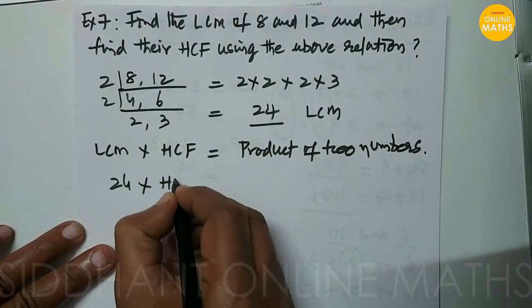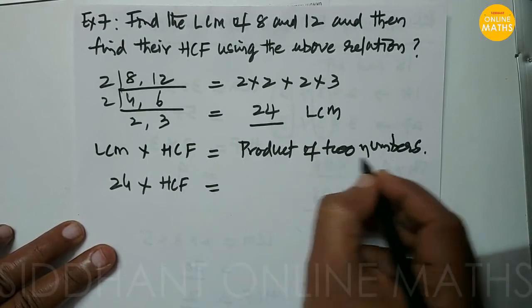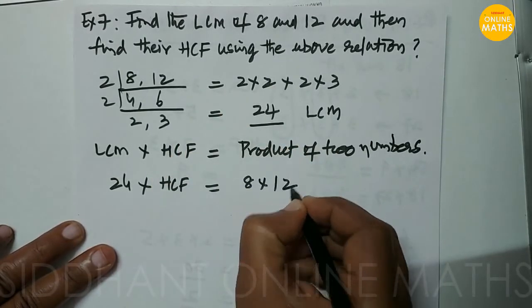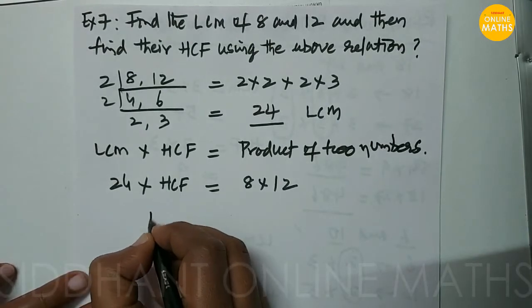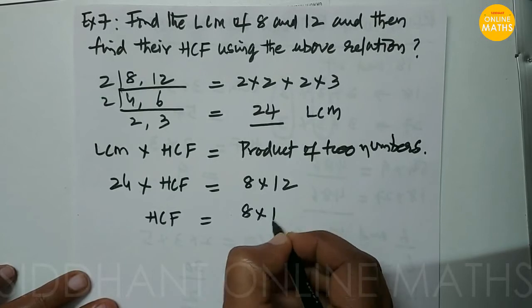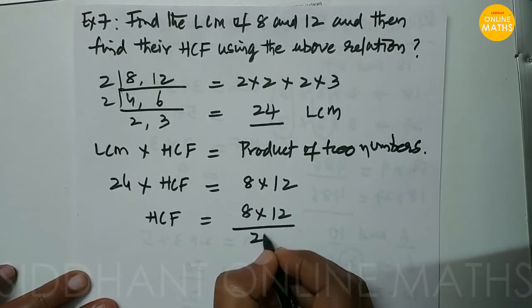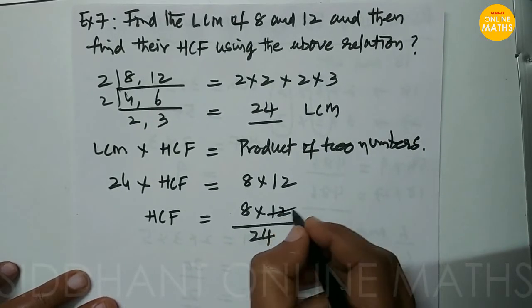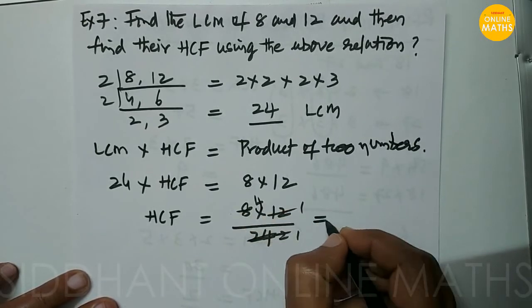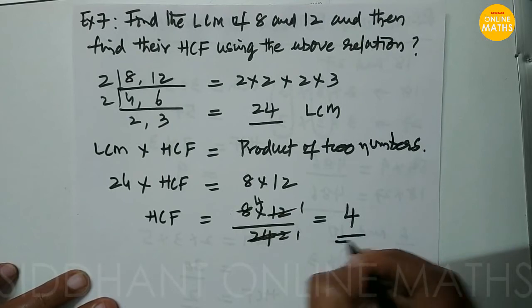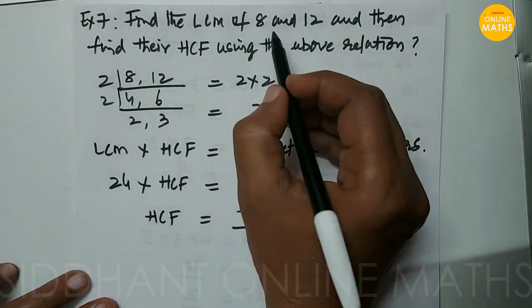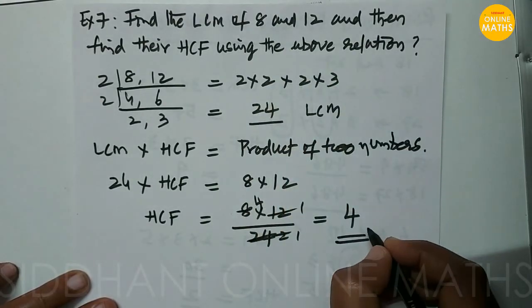Now we have to find out the HCF, and the product of two numbers is 8 into 12. So HCF is equal to 8 into 12 by 24. So 12 1, 12 2, and 2 1 2 4 here. Now we get HCF 4. So this is the HCF of the numbers 8 and 12. We got 4 here.